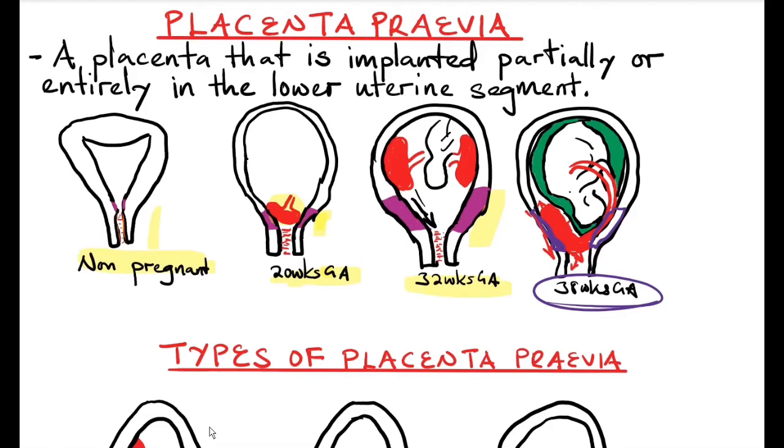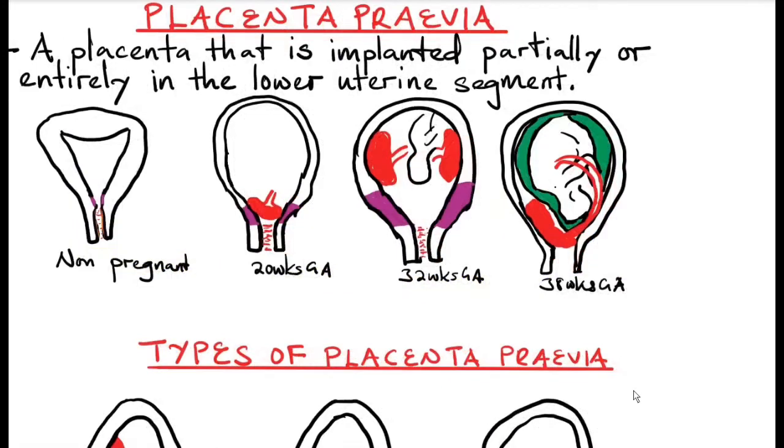That is what causes antepartum hemorrhage. The shearing of the placenta caused by stretching of the lower uterine segment and the pressure from the fetus causes bleeding, which is known as antepartum hemorrhage.